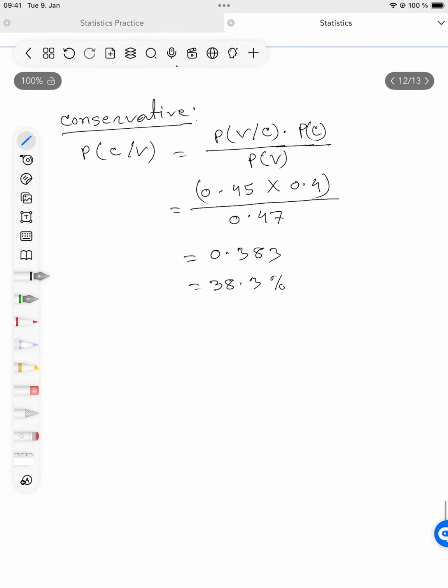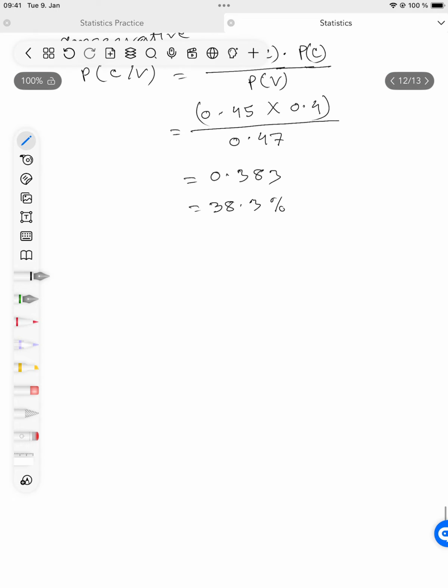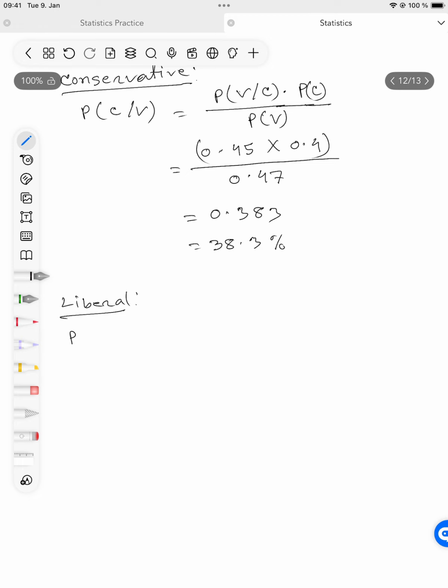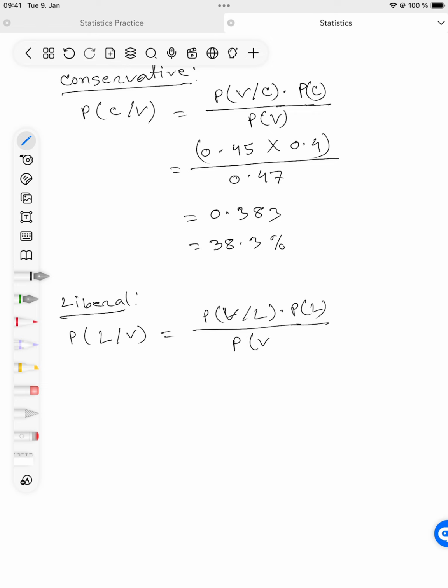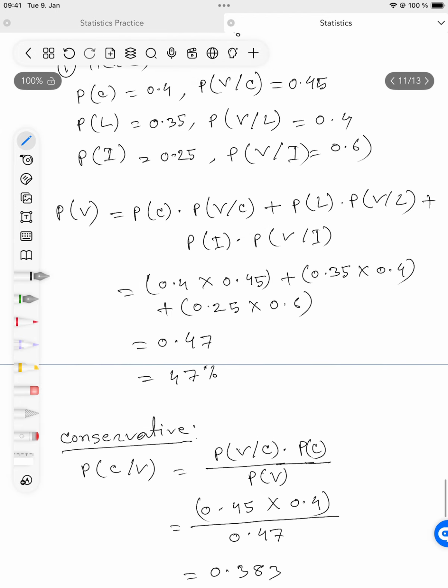For liberal, we can see the probability of L given V is equal to the probability of V given L times the probability of L divided by the probability of V. So what is V given L?